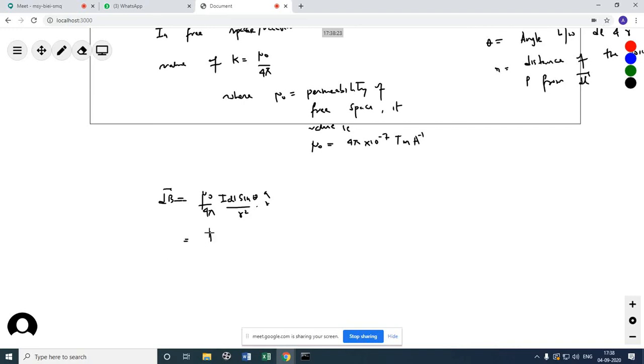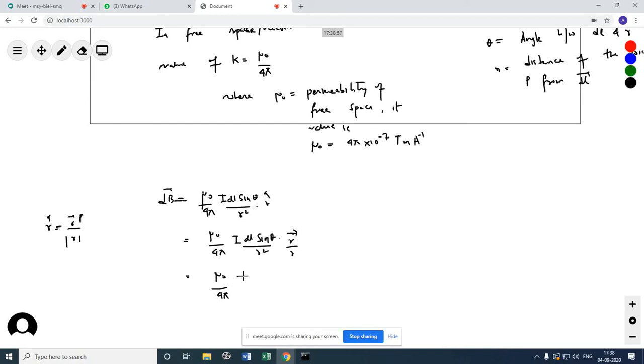But wait, what you can do now? Mu naught by 4 pi, then r cap. Any unit vector is written as direction by magnitude, right? So r cap is written as the direction vector by the magnitude. Now mu naught by 4 pi, this is how we have done in electrostatics also.